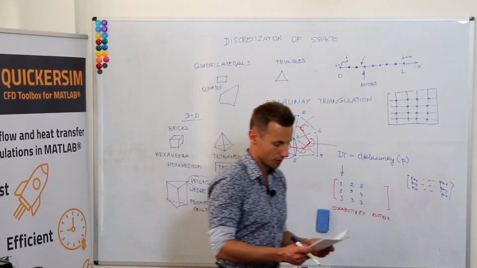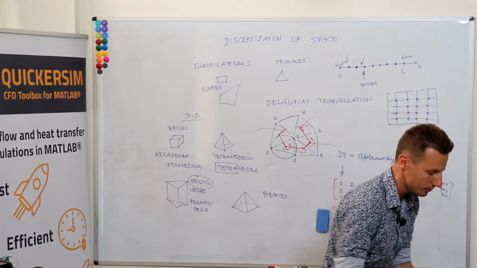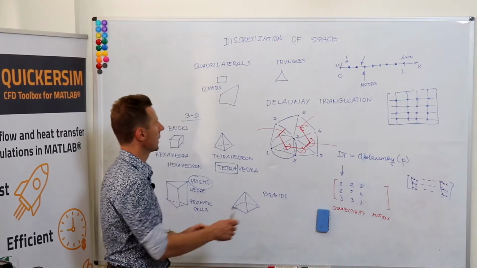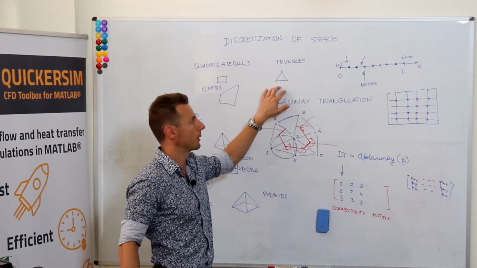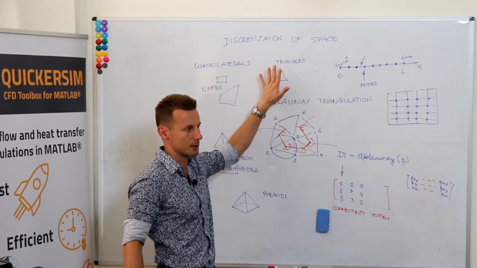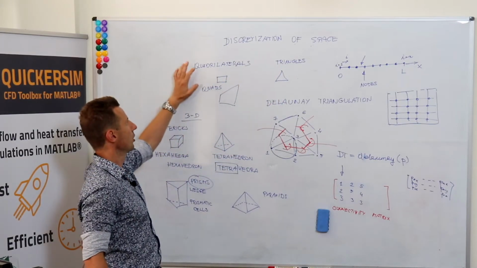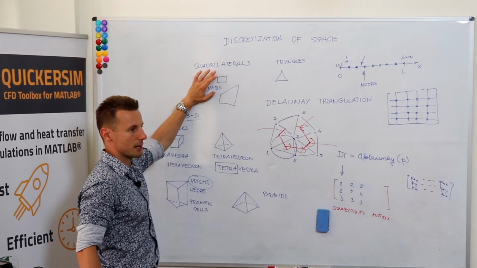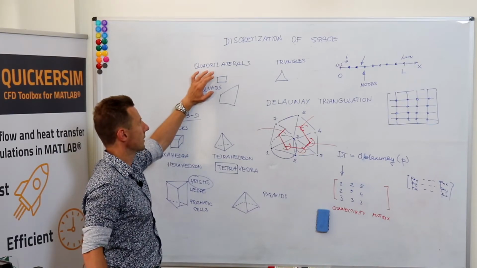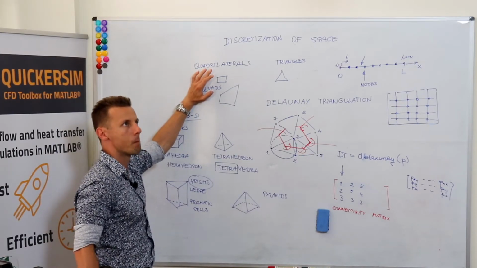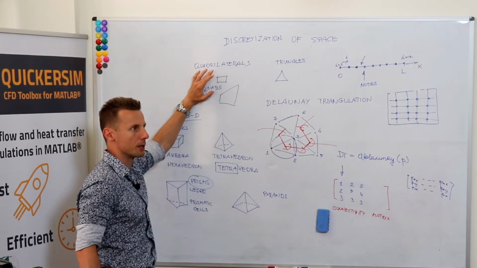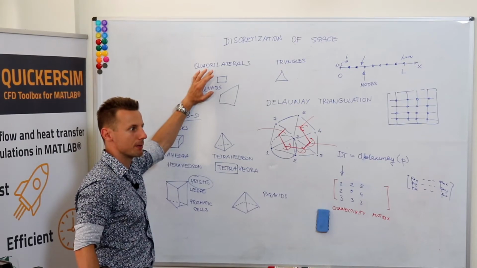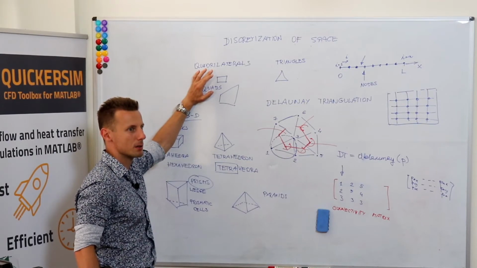Then quick remarks. In 2D, you can certainly subdivide the whole domain into triangles and nothing else. You don't have automatic algorithms to subdivide into quadrilaterals. I'm not sure if you can generally always subdivide space into quadrilaterals.